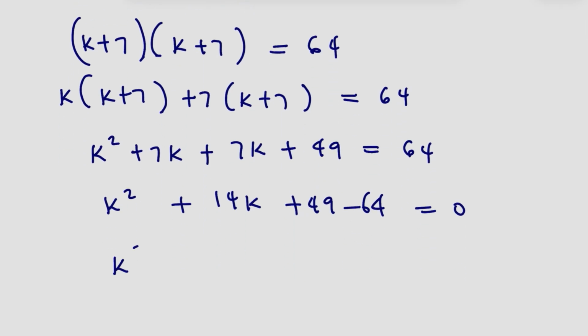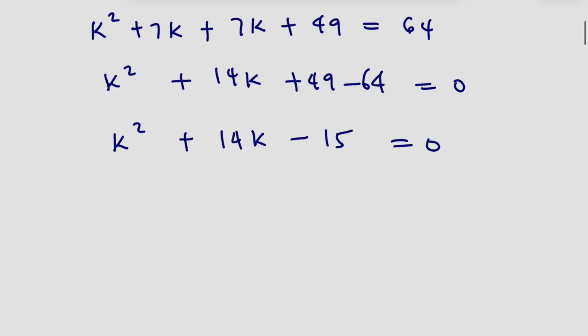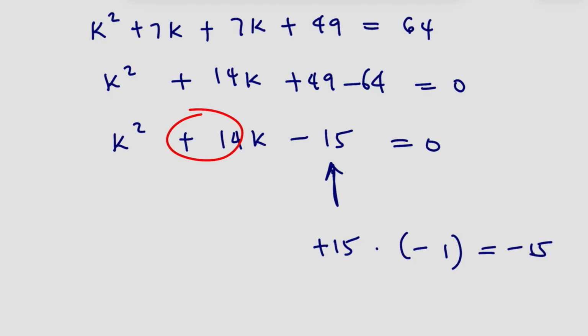So this is k² + 14k - 15. And if you watch the earlier video, we settled for positive 15 times negative 1. This will still give us negative 15, but when you add them together, it simply gives us positive 14.